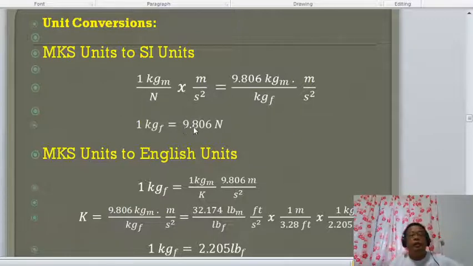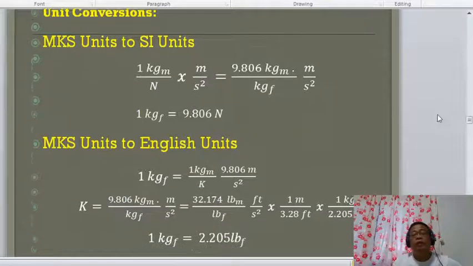And in English, taking again this value of K in MKS and in English, we also develop a conversion of 1 kilogram force equivalent to 2.205 pound force.